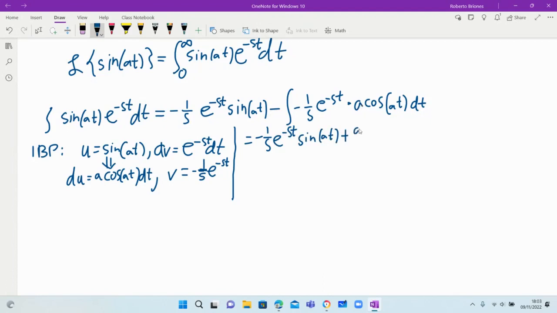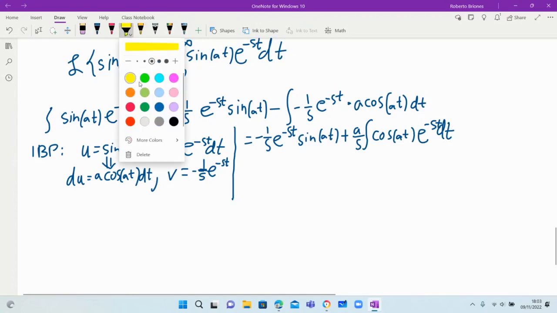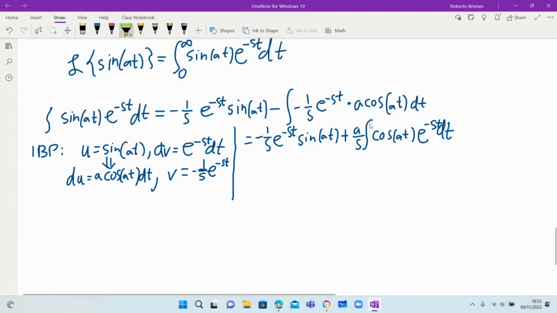So we have plus a over s times the integral of cosine at times e to the negative st dt. Okay. Now, incidentally, we still have an integral which we need to evaluate, and most likely we have to use integration by parts again on this integral.